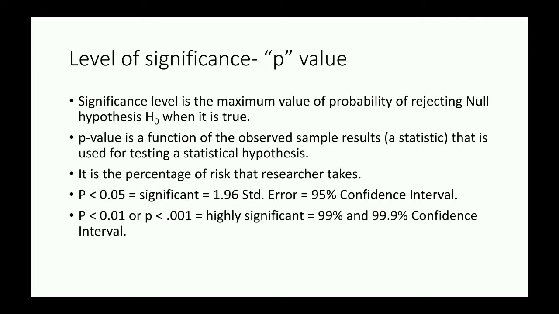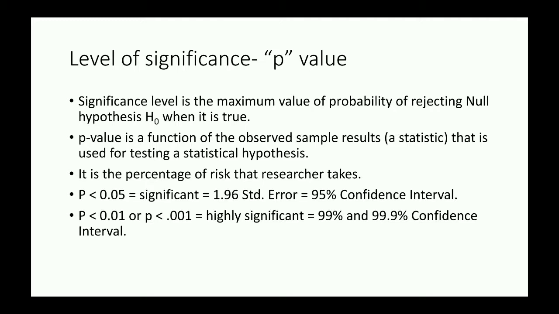So p-value is a function of the observed sample results that is used for testing a statistical hypothesis. So it is a function, a value, a figure, a percentage, which you are using for observed sample results.